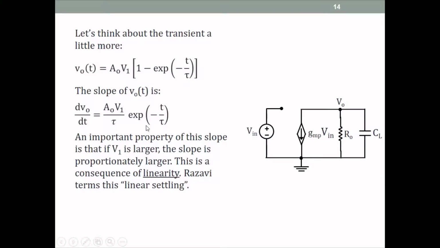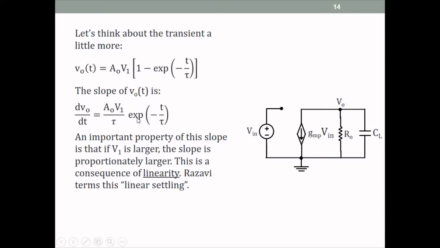One has to be very careful while thinking about linearity here. Sometimes, not often, students get confused. Linearity does not mean a linear variation with respect to time. Exponential variations with time are actually characteristics of linear circuits.